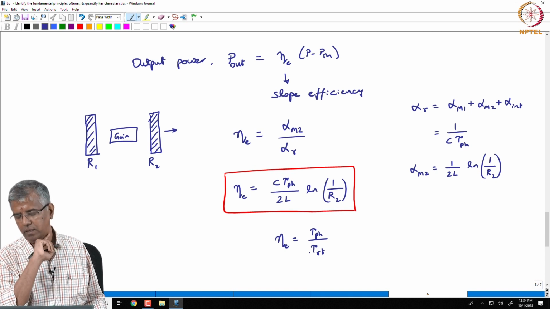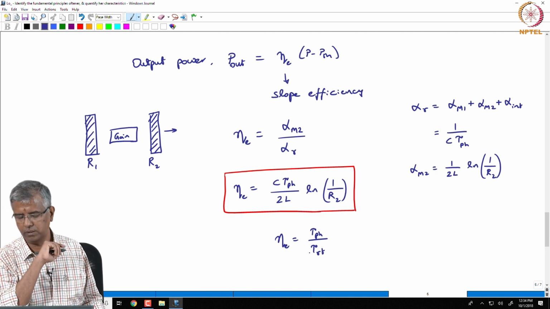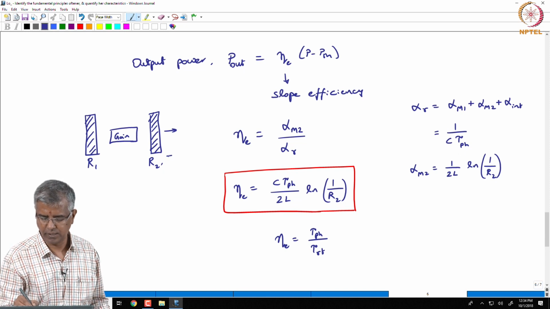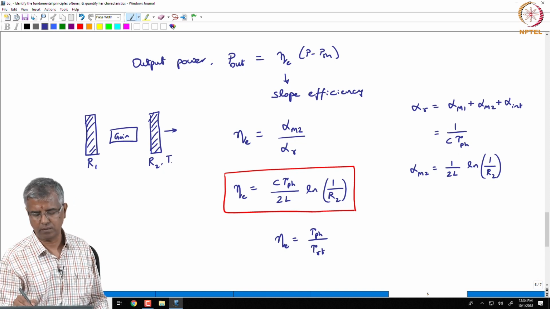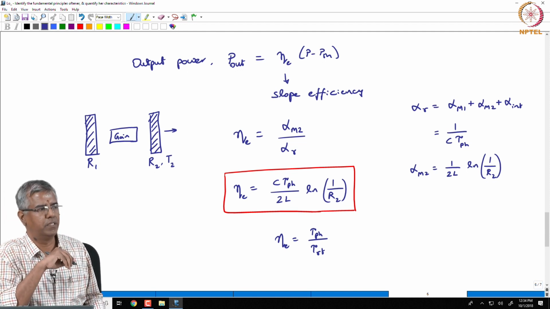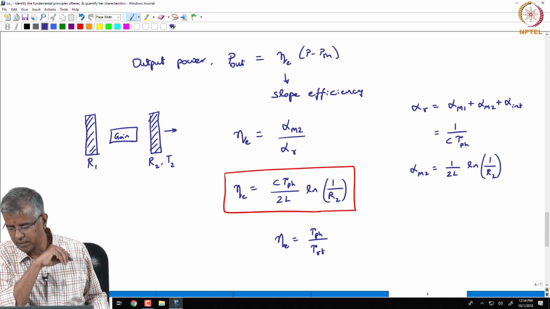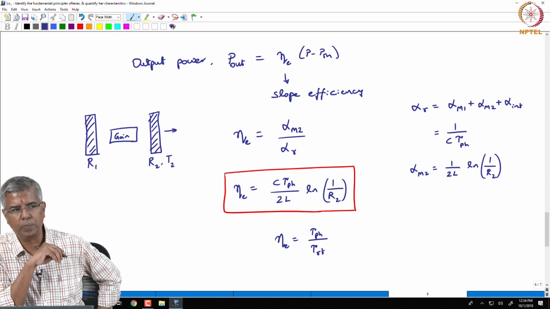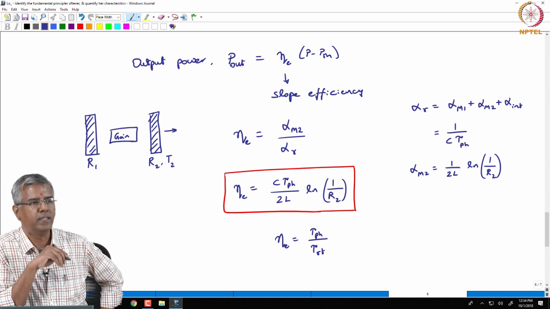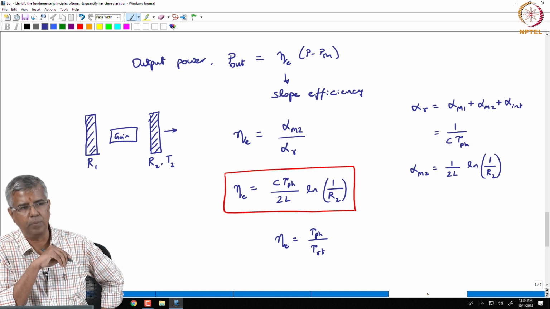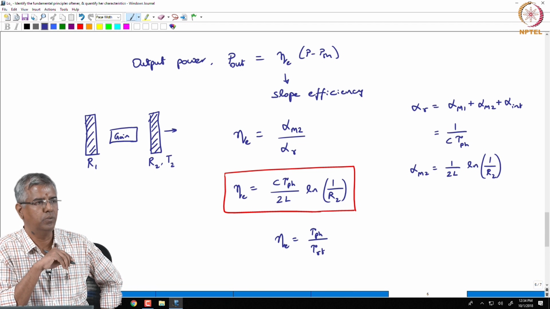And ln of 1 over R2, if R2 is my reflectivity, let me say that T2 corresponds to the transmission of this mirror. So, R2 plus T2 has to be equal to 1 for energy conservation, and so R2 can be represented as 1 minus T2.